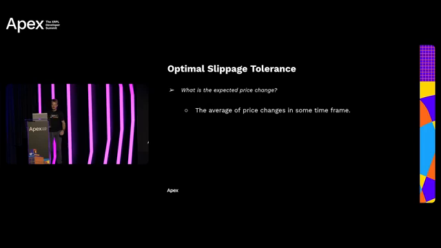The second part of the mathematical concoction is the expected price change. I have observed in my window a lot of price changes, so what kind of price change should I expect next? And what they're saying is, what if we simply use the average observed price change in the time frame?